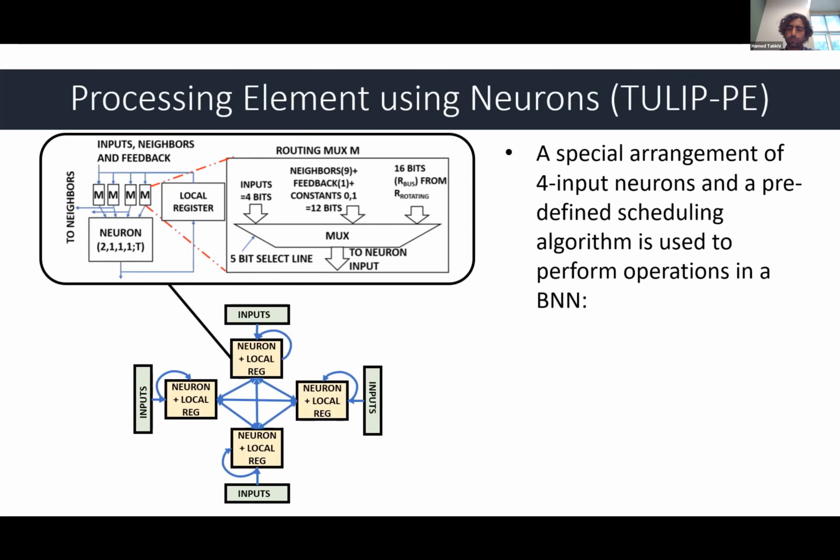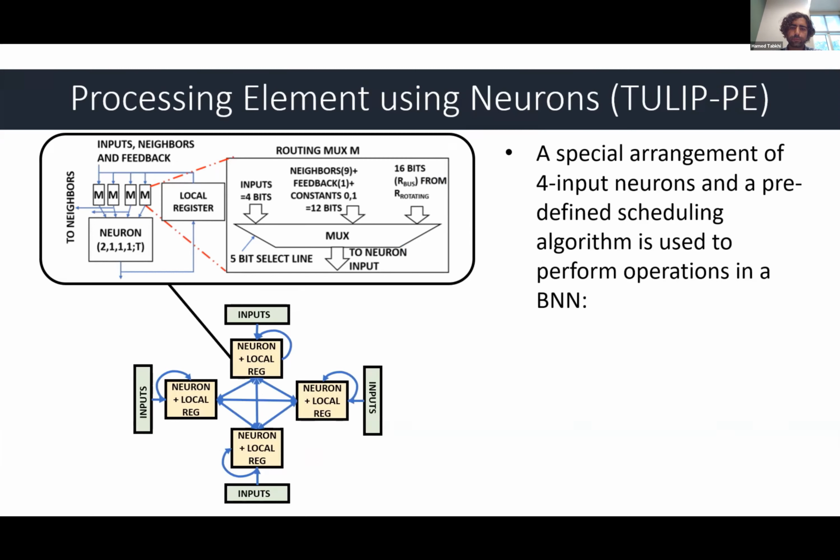We will now show how a processing element is constructed. It's constructed using 4 neurons connected to each other. We call this processing element a Tulip P. Each neuron is also connected to a local register from which data can be accessed or written to.